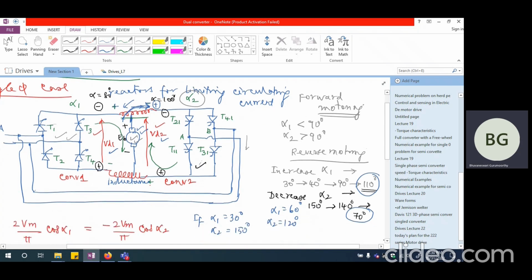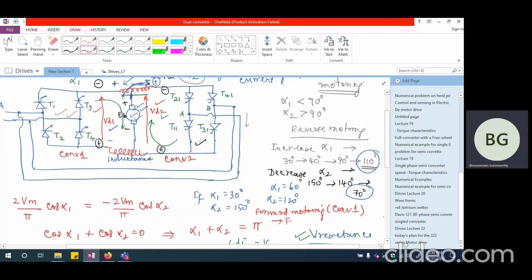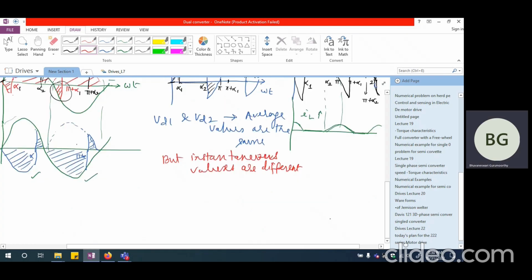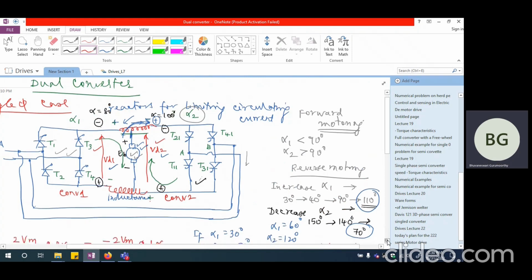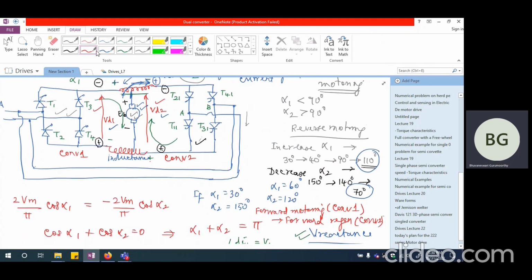So you would see that the operation migrates from forward motoring through converter 1 to forward regeneration through converter 2, and then to reverse motoring. It is going to go into reverse motoring through converter 2.